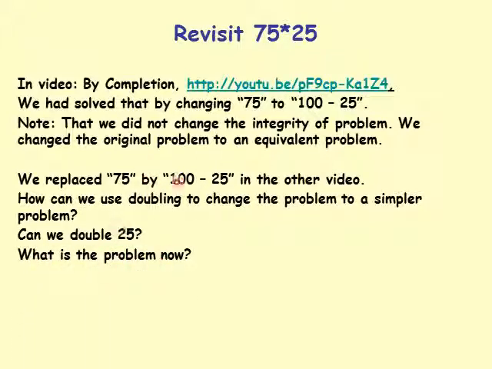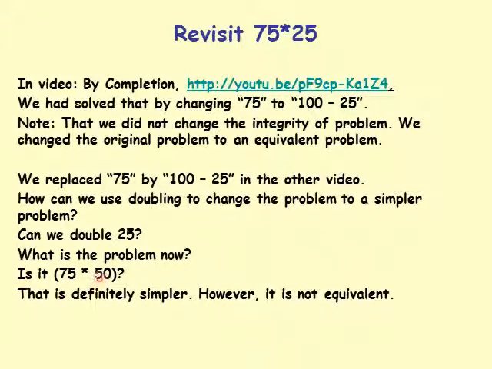They become 75 times 50. Okay, and that's not the same problem as we had started with. That's not even an equivalent problem. Is it 75 times 50? It is. This is definitely simpler, however it's not equivalent. It's twice as much as the original problem was.